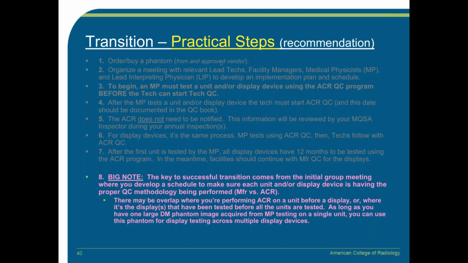So you don't want to switch to the ACR until the physicist has done this testing. But you can overlap, where you're performing ACR on a unit before display, or where displays have been tested before all units are tested. So in other words, you can use a large phantom tested on one unit and use that for all your workstation testing.